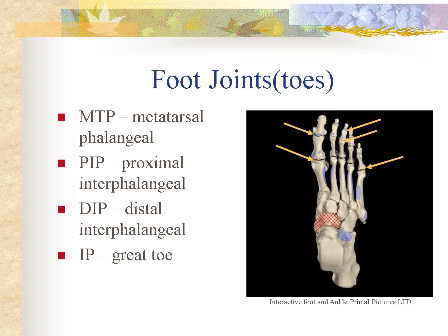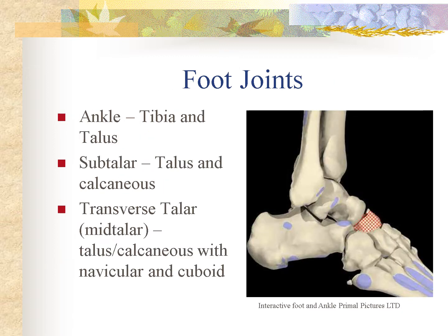The foot joints, we have the MTP instead of MCP, metatarsal phalange. We have PIPs, DIPs, and at the great toe, we have IP. Also in the foot, we have ankle joint between the tibia and the talus. We also have a joint, subtalar joint between the talus and calcaneus.